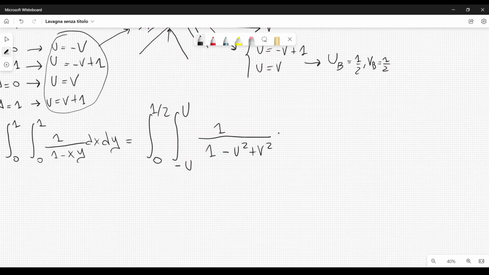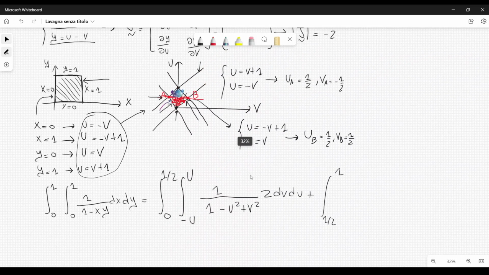Then we multiply by the absolute value of the Jacobian, which is 2 dv du, plus the integral from 1/2 to 1. In this case, we have to move from 1/2 to 1 because we have to integrate over the other half of this area.